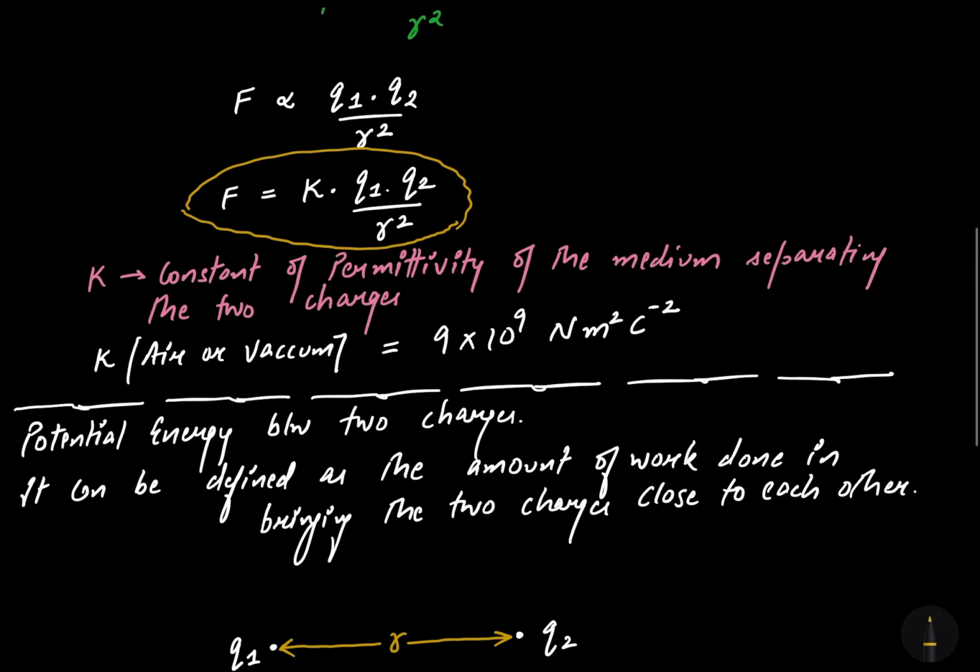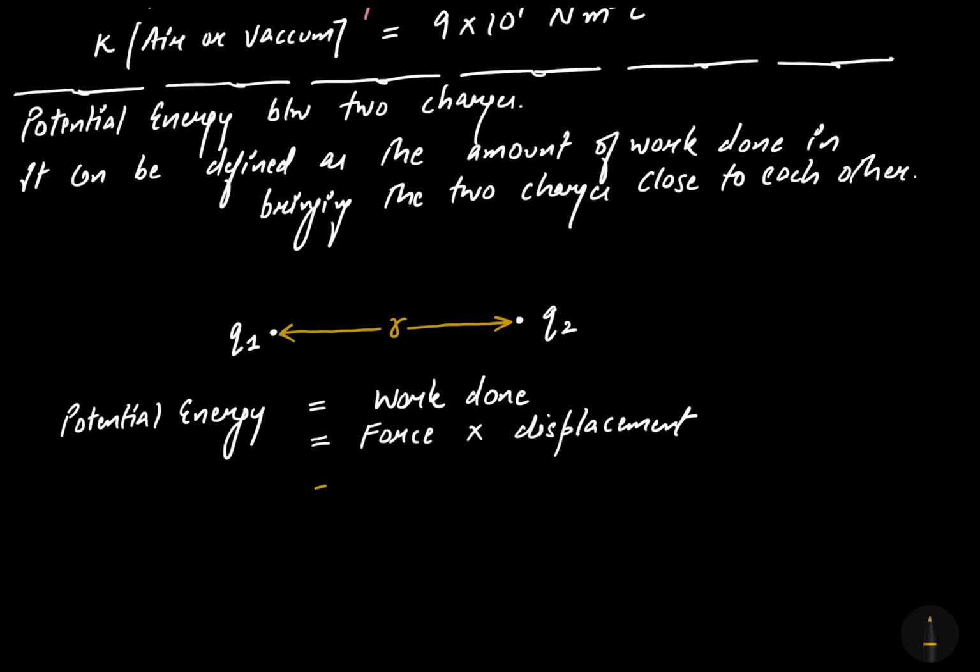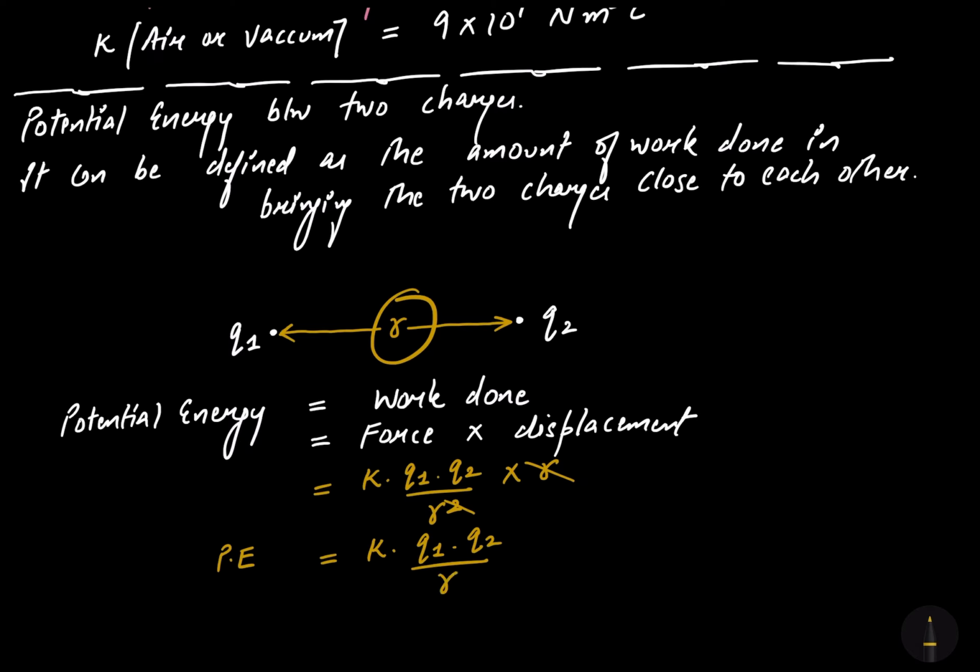My force comes out to be K Q1 Q2 divided by r square. And what's the displacement over here? It's again small r. Now the square is cancelled. My potential energy comes out to be K Q1 Q2 by small r. That's my potential energy.